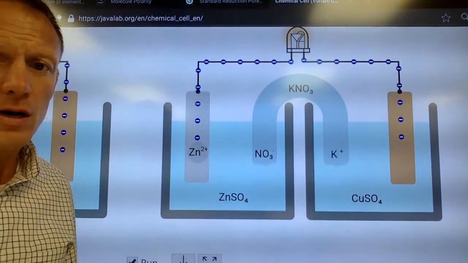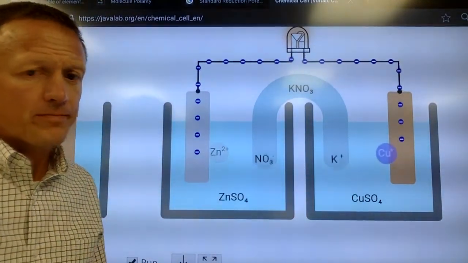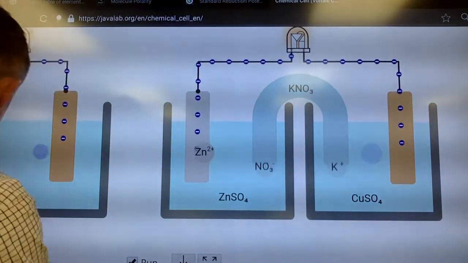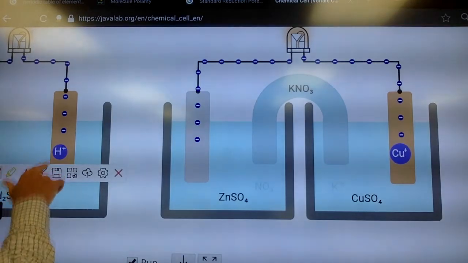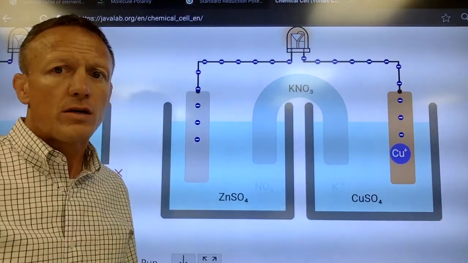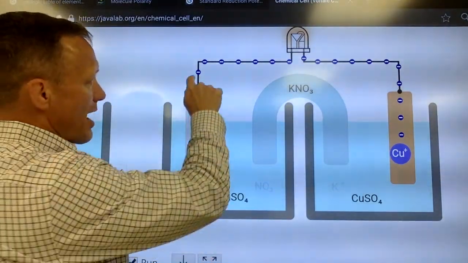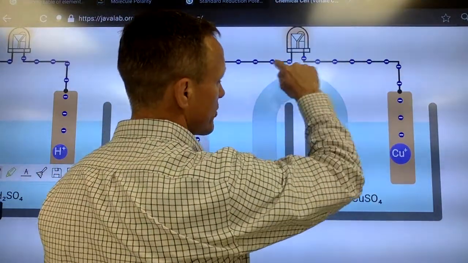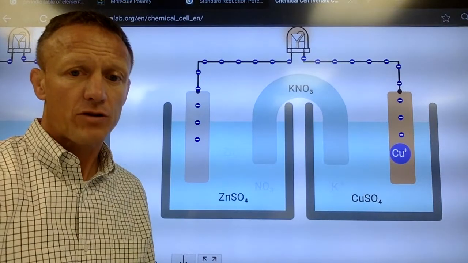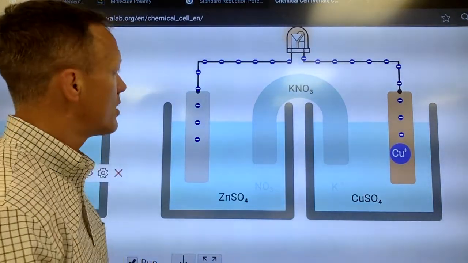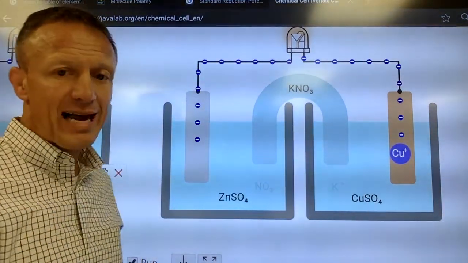Let me pause that for a second. So this is going to be a battery. So this is a wire where electrons can be transferred. So if we get electrons moving through a wire, we have electricity. So this is making some electrons move. This is not the same as what I had before.